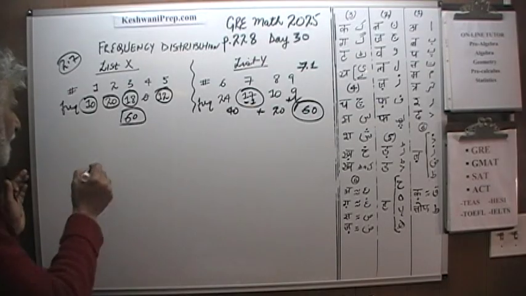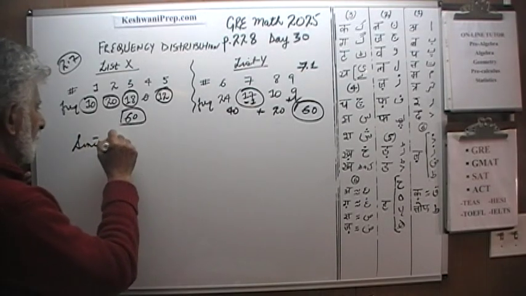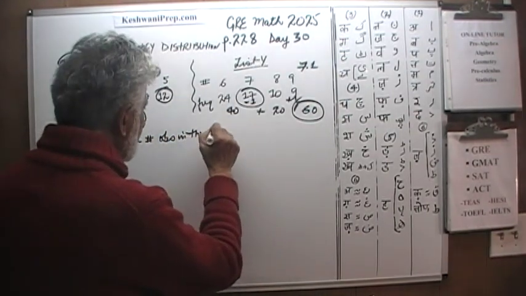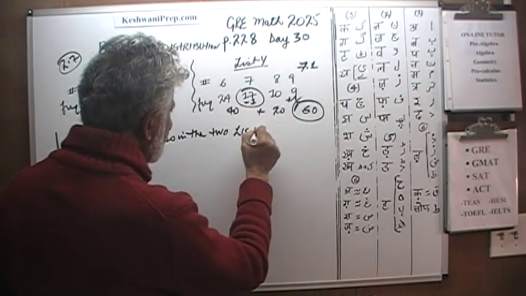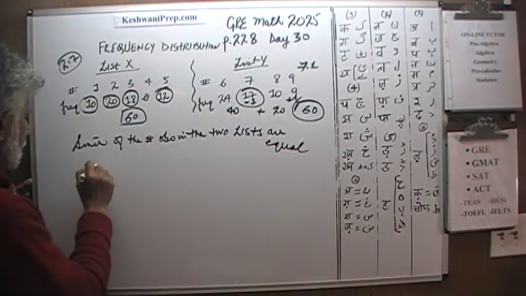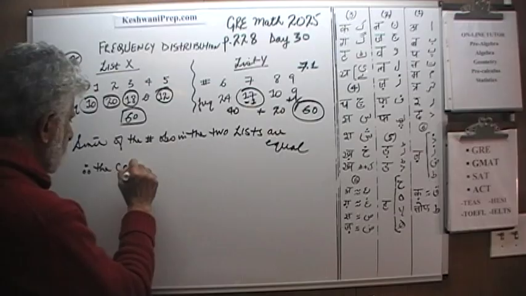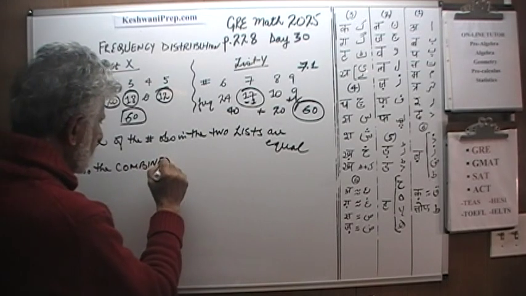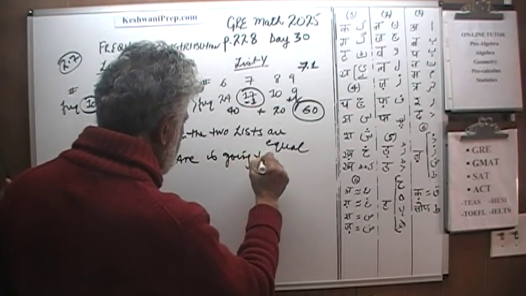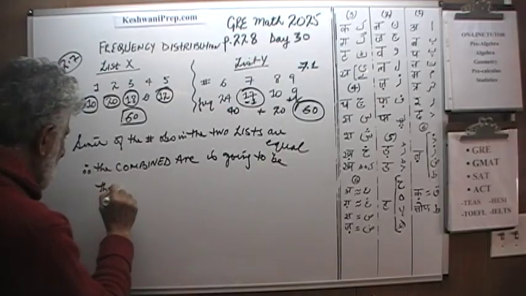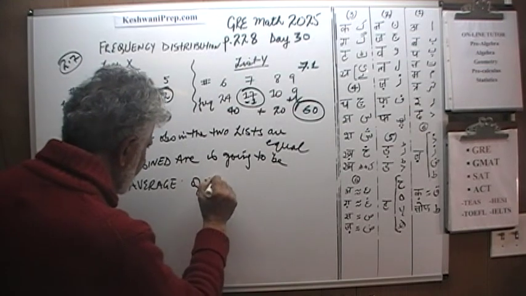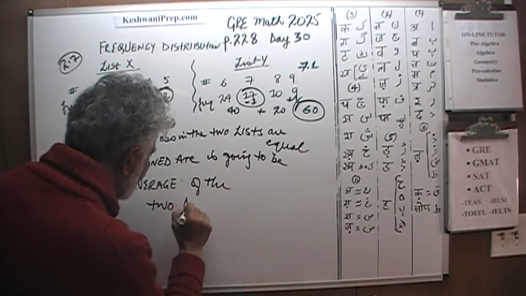Since the number of observations in the two lists are equal, the combined average is going to be the average of the two averages.